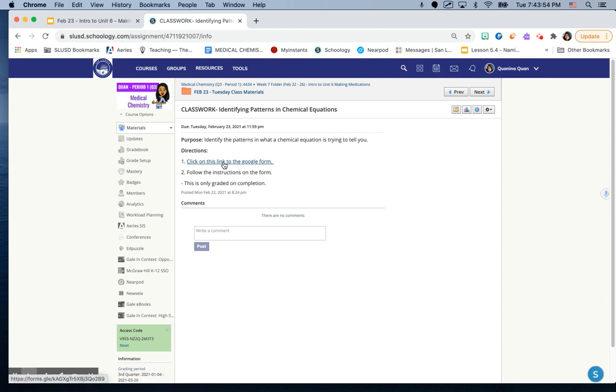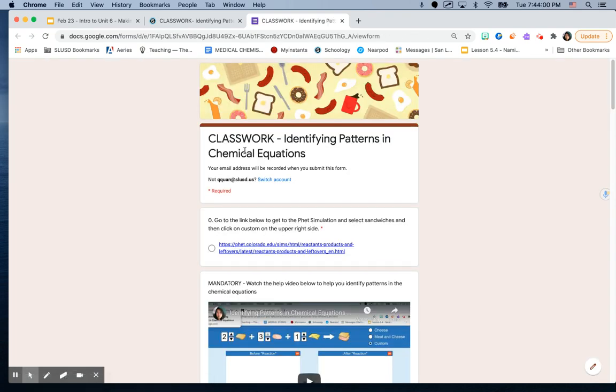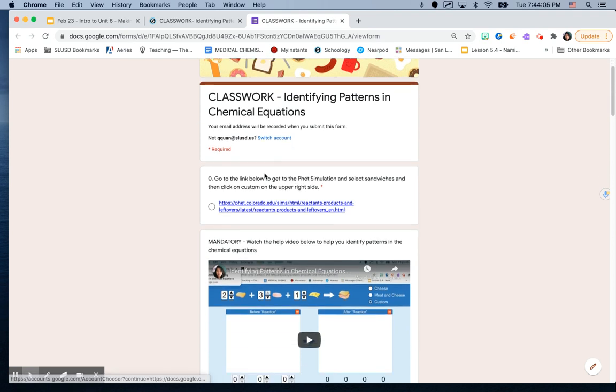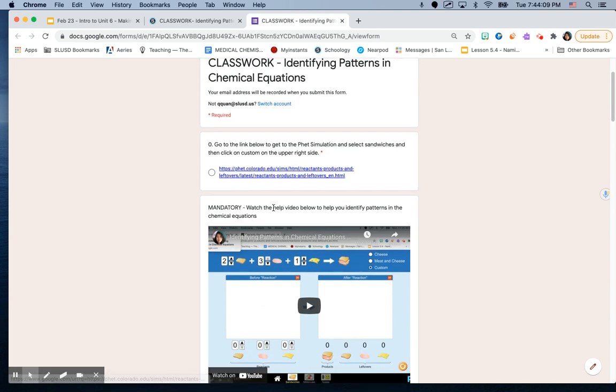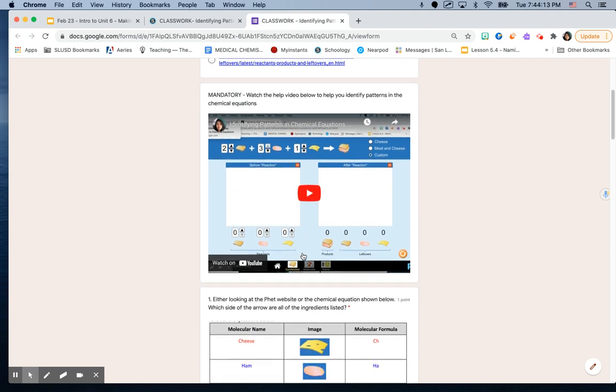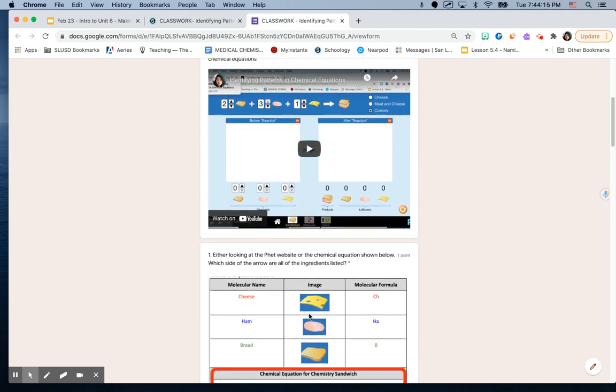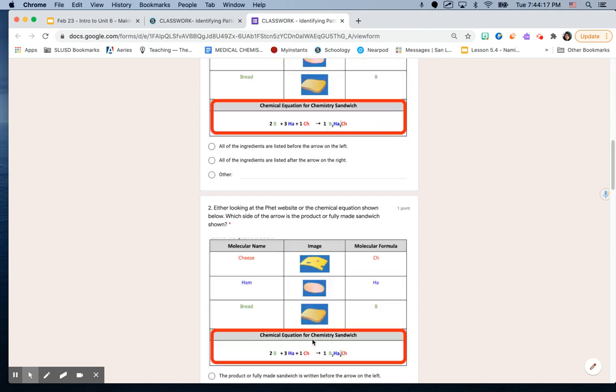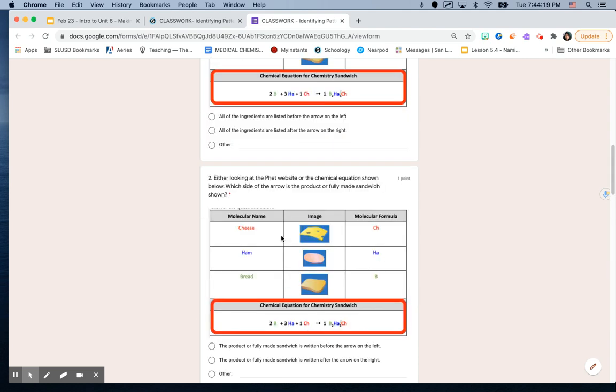If you click on this link to the Google form, again, our goal is to understand how chemical equations, or recipes in chemistry, work. Once you click on this link for the PhET simulation, watch this video and it will let you know what to do and how to answer some of these questions in the Google form below.